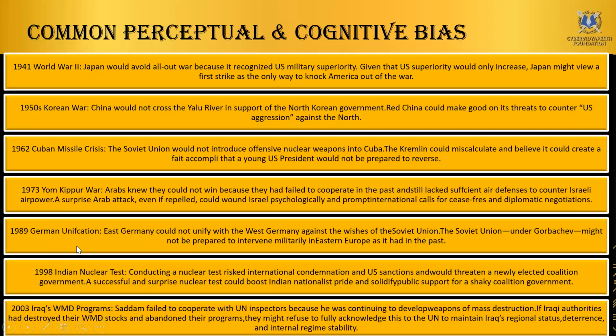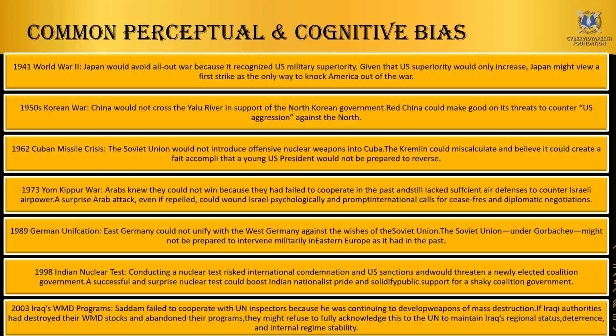If you remember the 1998 Indian nuclear test. The Americans had a clear cognitive bias. Conducting nuclear tests risks international condemnation and US sanctions, and would threaten a newly elected coalition government. This was the bias created in the mind of the Americans.